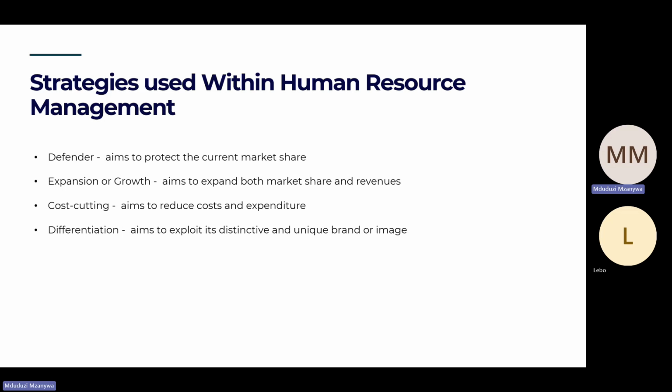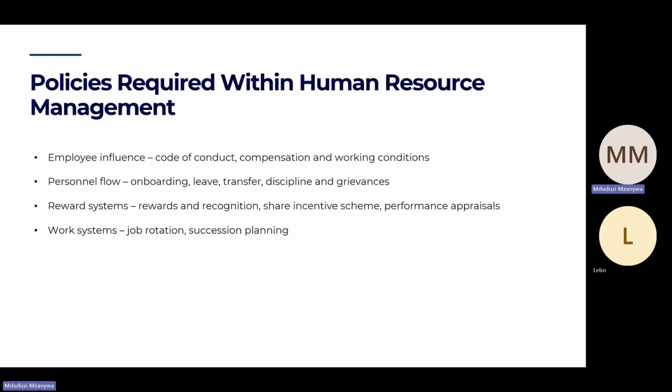Right. One of the other things that we had said HRM does is to develop policies. Now, there are areas where these policies would work. You develop these policies to influence employees.